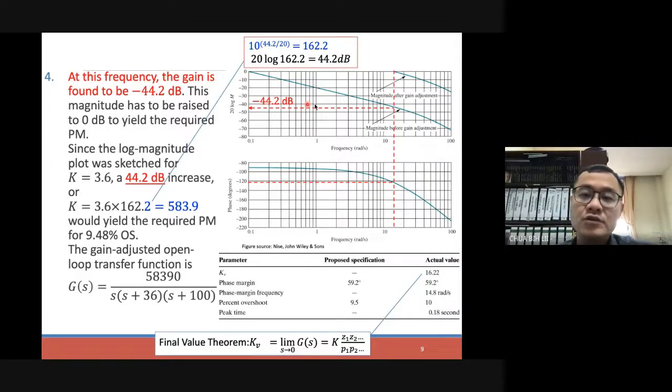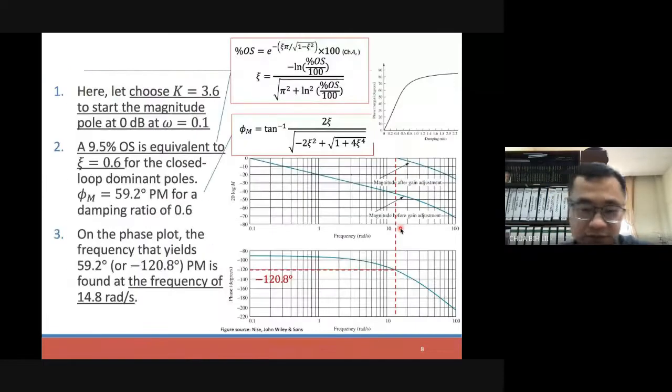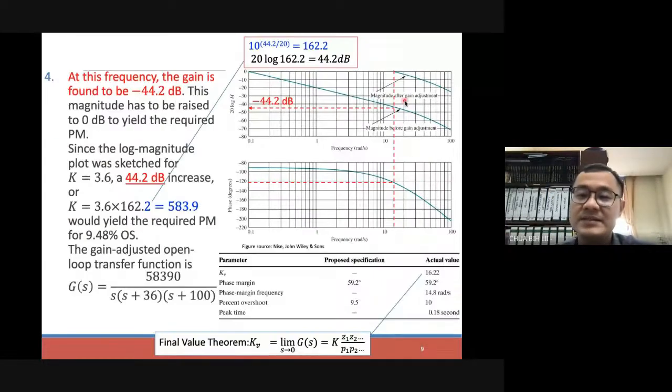So what we can see is that when we do a cross line over here, we can see that this magnitude at a frequency of 14.8 radian per second is approximately 44.2 dB.